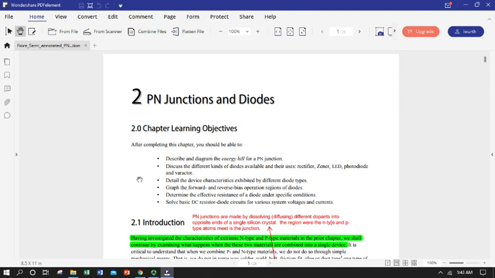Introduced the concept of both electrons and holes as charge carriers in semiconductors, and looked at how the concentration and ease of movement of our charge carriers change when we dope a semiconductor to create an N or P-type material.